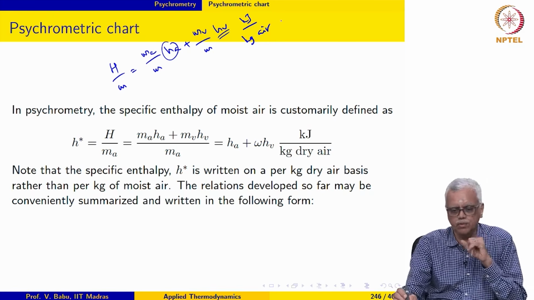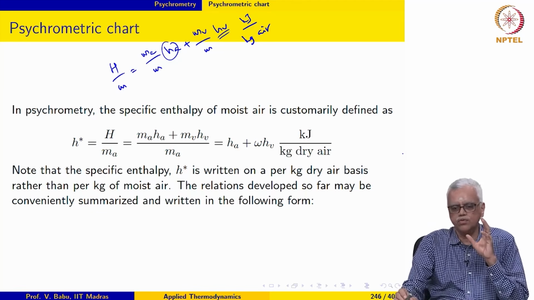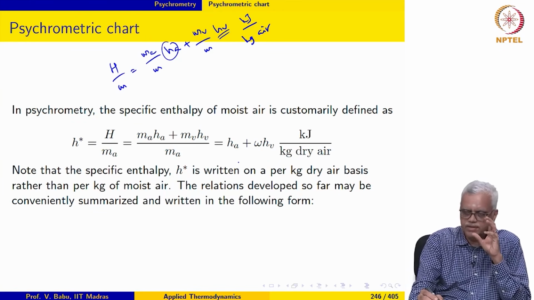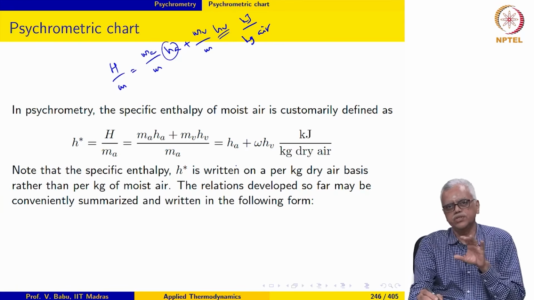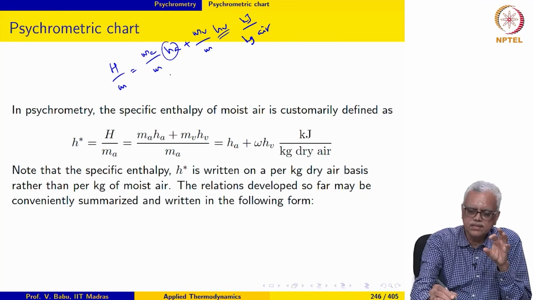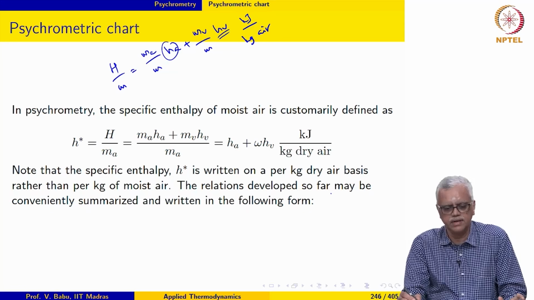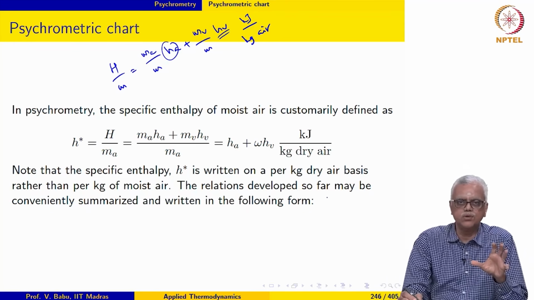In the usual manner. But when you look at the energy equation that we have applied to different examples, we notice that the terms do not appear in this combination, but appear in a combination where the specific enthalpy is defined on a per unit mass of dry air.